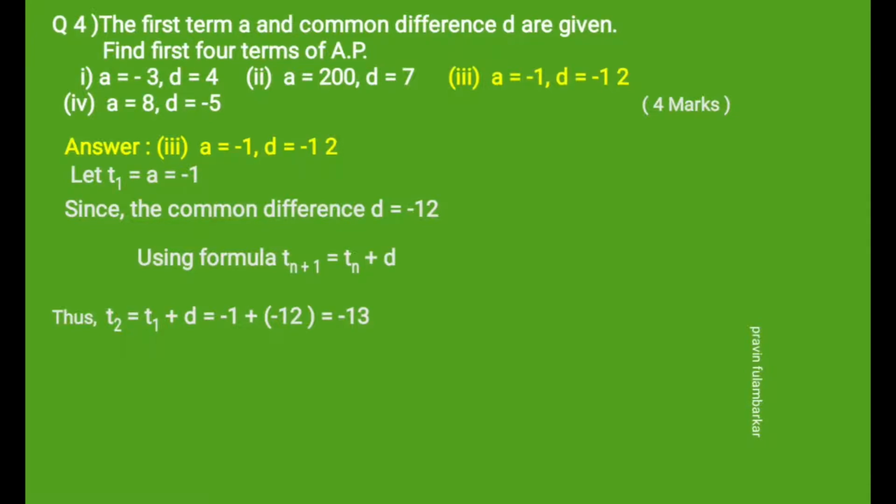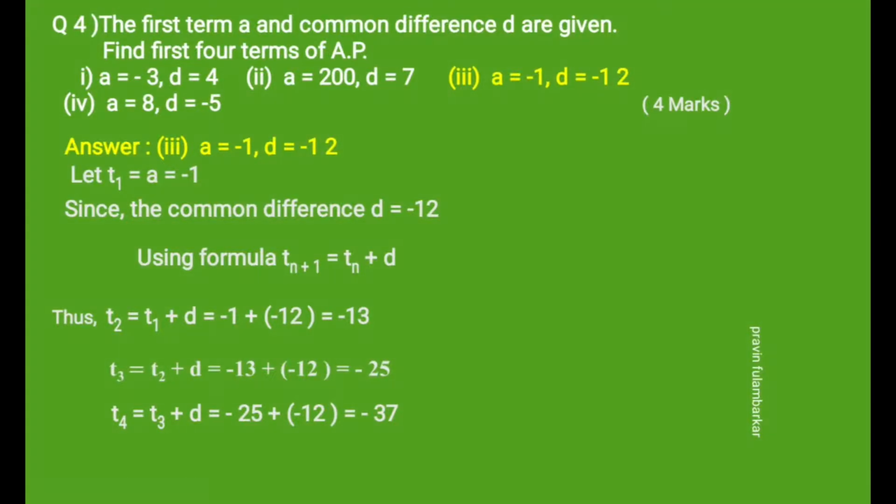Then third term t3 equals t2 plus d. So t2 we calculated -13, d is -12, so -13 -12 we get -25 as third term. Then fourth term is t4 equals t3 plus d. t3 is -25, d is -12, so -25 -12 after adding we get -37.